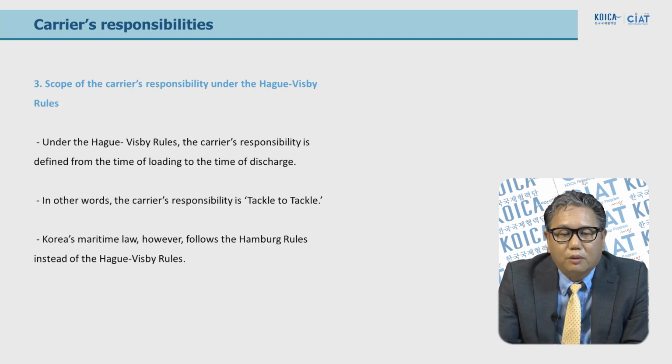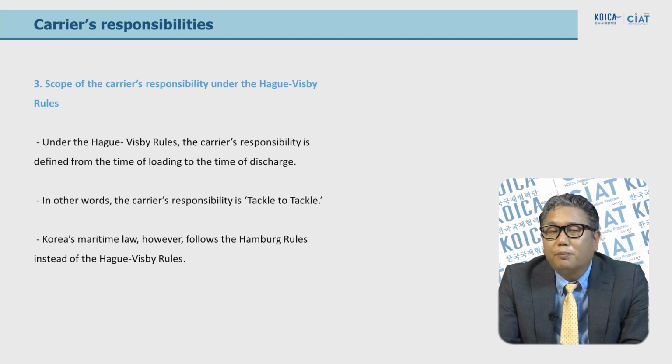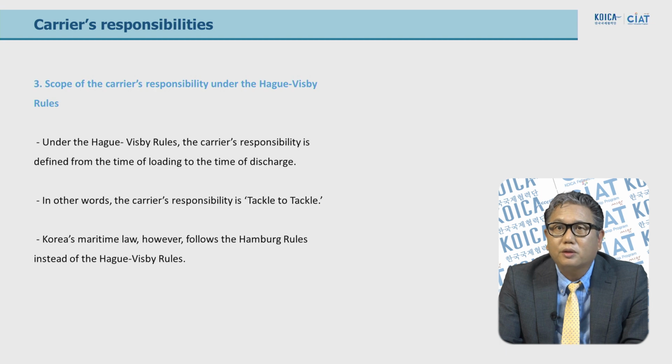Number 3 is the scope of the carrier's responsibility under the Hague-Visby rules. In short, the Hague-Visby rules define the carrier's responsibilities from the time of loading to the time of discharge, which can also be described as tackle to tackle. Tackle means the rigging of the ship.